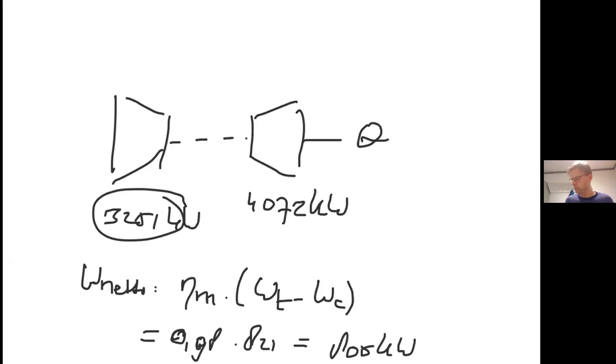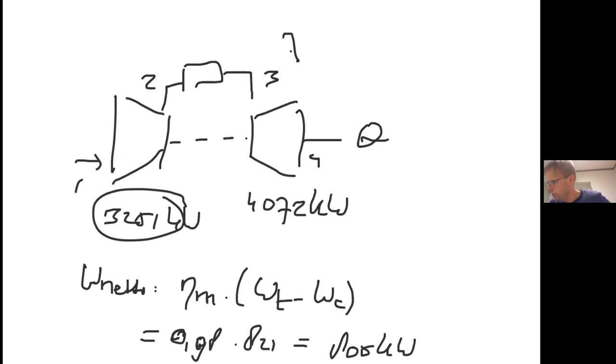So there you see the balance between the work consumed by the compressor and the work delivered by the turbine. Then, of course, we have the fuel in between, so we have 1, 2, 3, 4. Now we know this is 761 Kelvin.